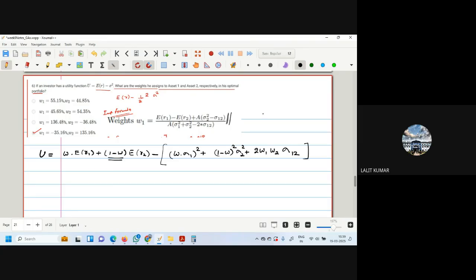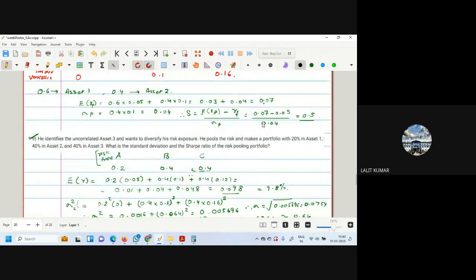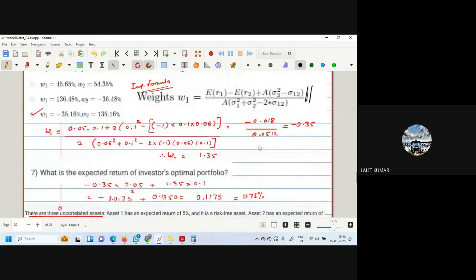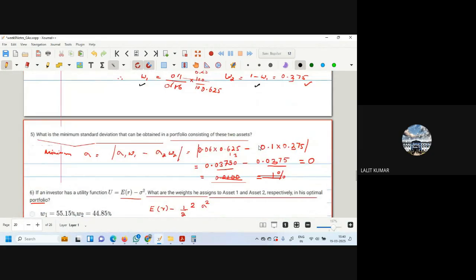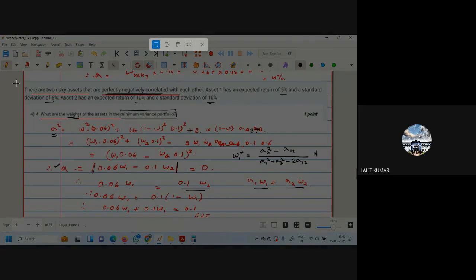And so here A is not given. So I can make this utility function like this and I can expand this. I know these values. Just hold on, I'll take these values also from here.